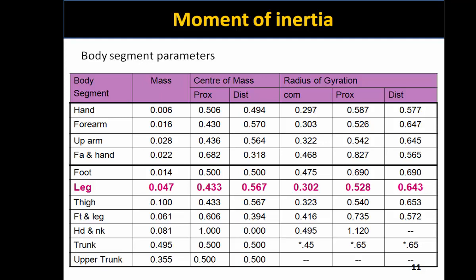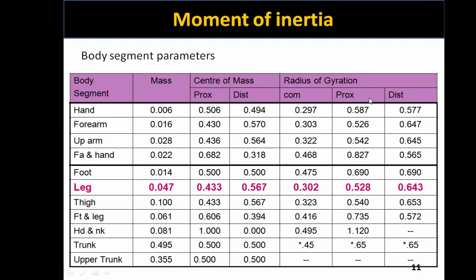Through those studies, researchers have estimated the location of the center of mass, the mass of a particular segment with respect to total body mass, as well as the radius of gyration with respect to the center of mass, or from the proximal or distal part of the joint.